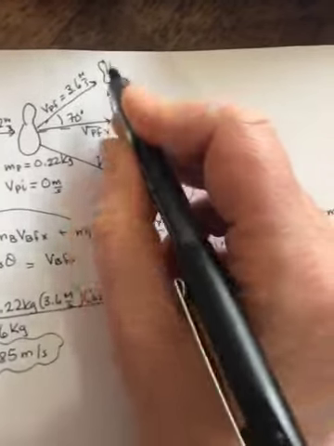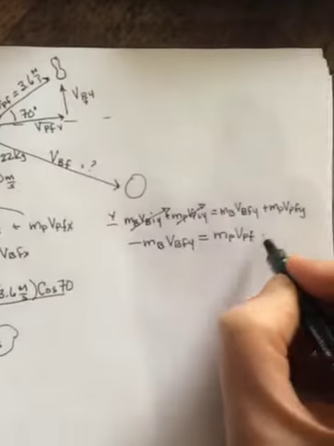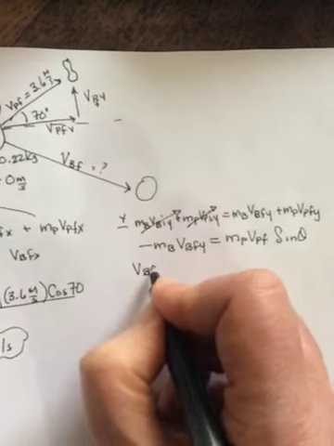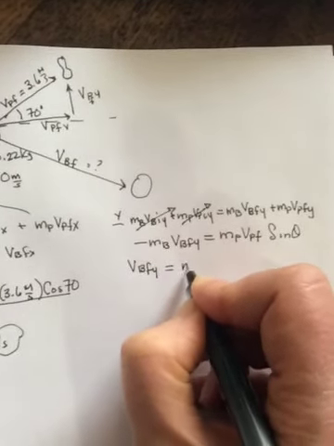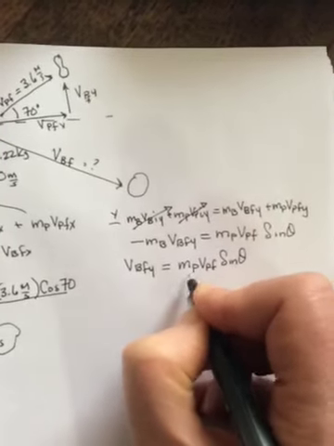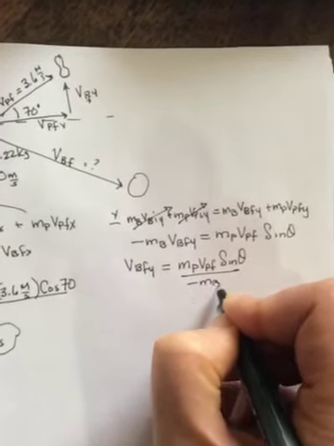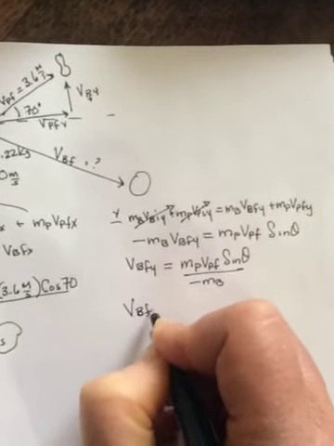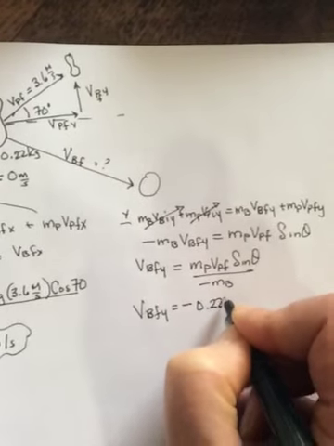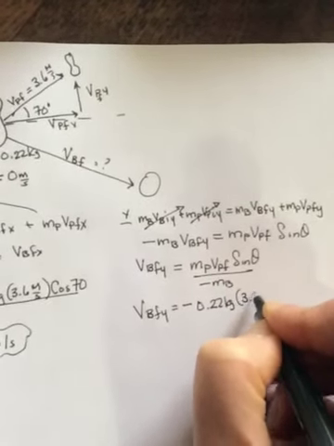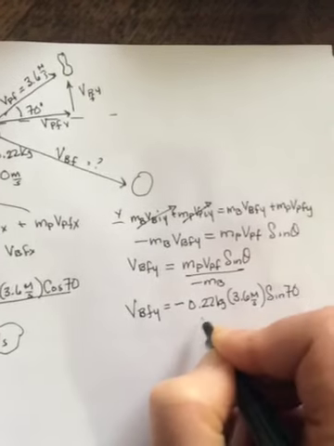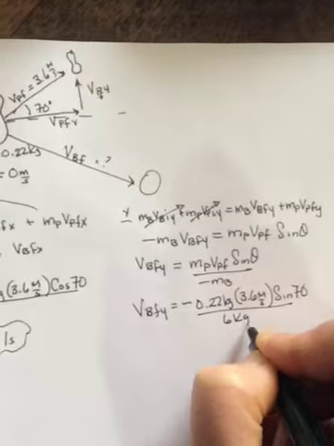The y component, if you look, is the opposite side, so it's sine theta. So divide by the mass of the ball. So v of the ball final y will equal m of the pin, v of the pin final, sine theta, over the negative mass of the ball. So v of the ball final y will equal, pull a negative up front, the pin was 0.22 kilograms, its velocity was 3.6 meters per second, and the angle was 70 degrees, and the ball was 6 kilograms.